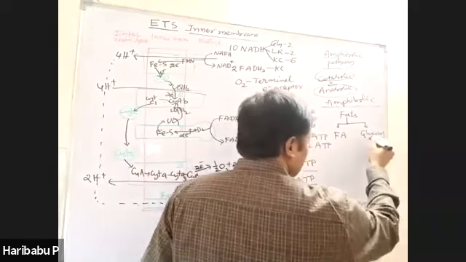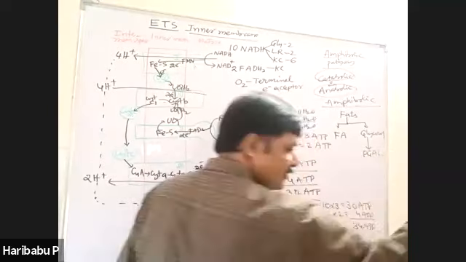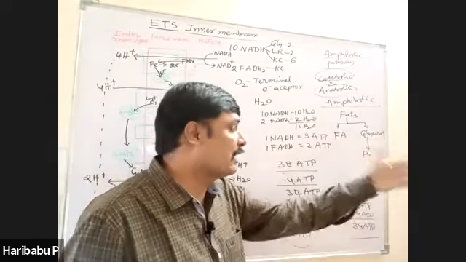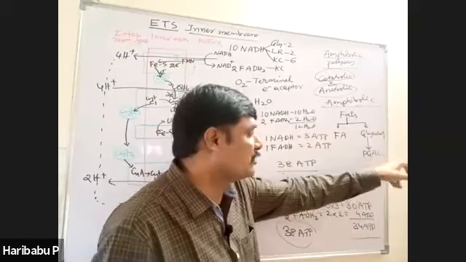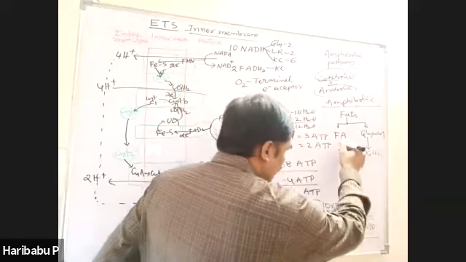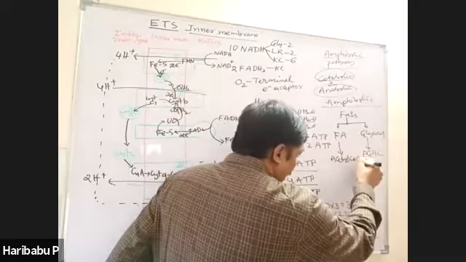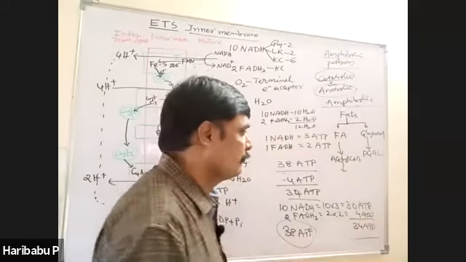Now, the glycerol, after converting into PGAL, enters the respiratory pathway. That means fats cannot directly enter the pathway. After converting fatty acid into acetyl coenzyme A, it will enter the respiratory pathway.